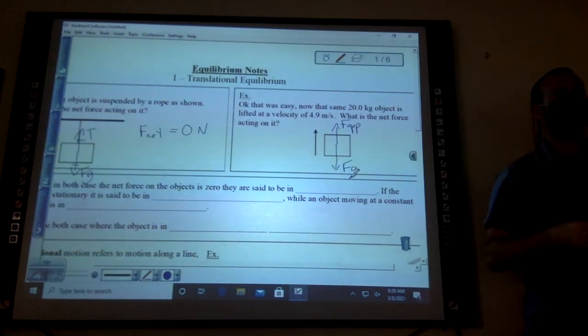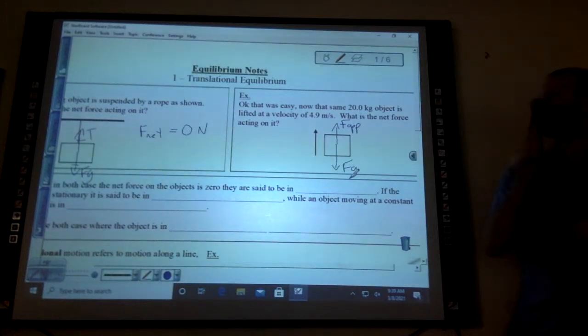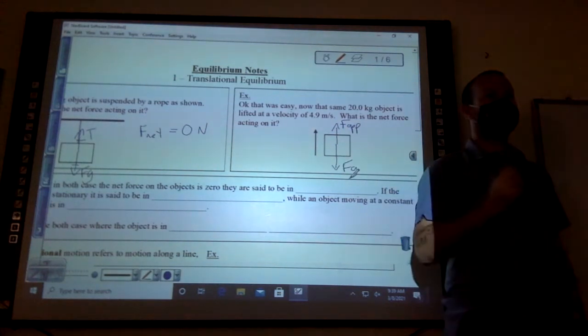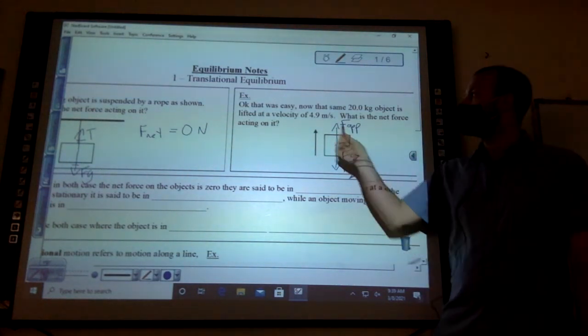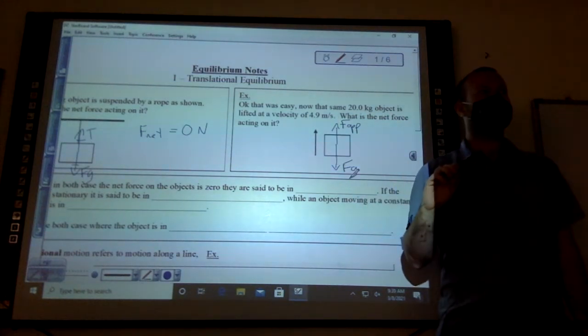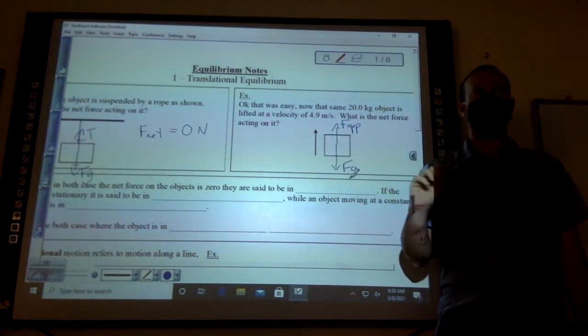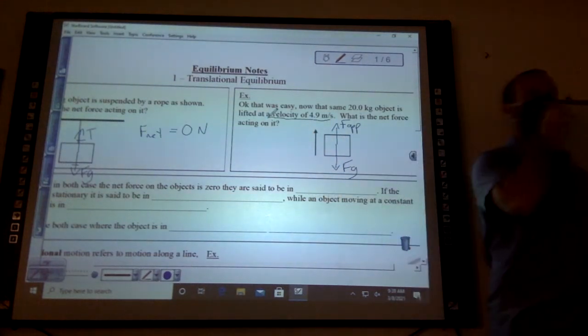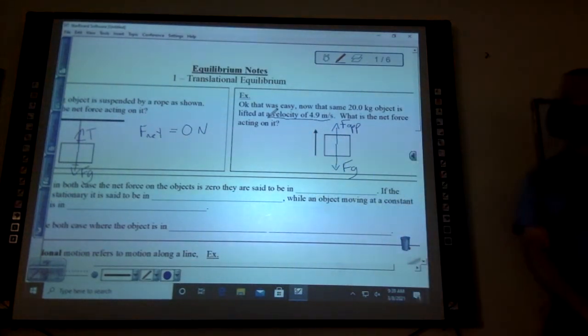Because there is velocity, which means not equal to zero. No. If there's velocity, this does not mean that F net has to not equal zero. What's my velocity? 4.9. Is it constant? Yes. It's being lifted at this velocity, which means my velocity is not changing, which means my acceleration equals zero.